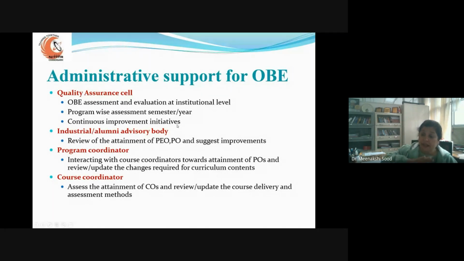If the entire institute setup is put in place, then OBE implementation and going for NBA, going for NAC will not seem a Herculean job. If this setup is in place from bottom to top, and everyone is helping each other, then things become smoother and it becomes a habit. In the beginning it will be very tough.